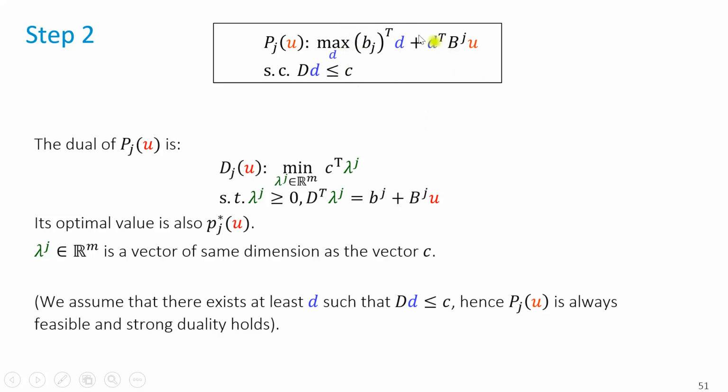But we've seen that when we have duality, the parameter that was in the objective function gets into the constraint, and the objective function comes from the constraint here. So we will have this optimization problem with new variables, the dual variables of this, with an objective that doesn't depend on u and constraints that depend on u. And we know, because strong duality holds, that this optimal value is the same. The optimal minimum here is the same as the max of this problem here.